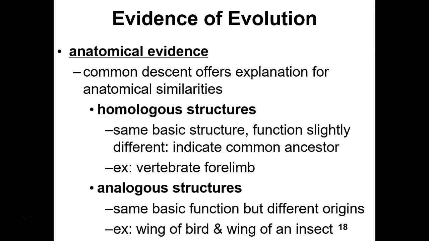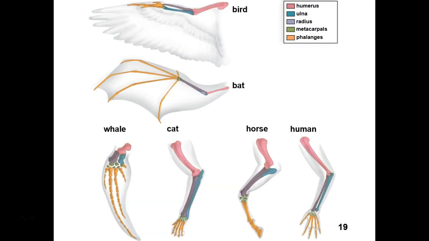And birds have bones in their wings, but they both have the same function. In this case, they both function in flying. So the origins differ, but they are the same in their function. And that's what an analogous structure is.